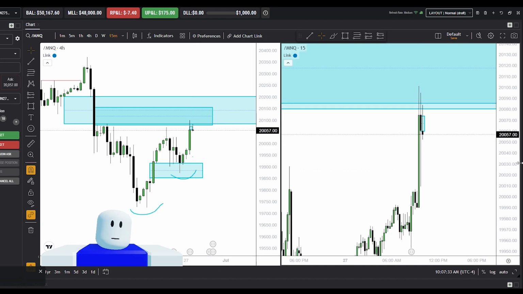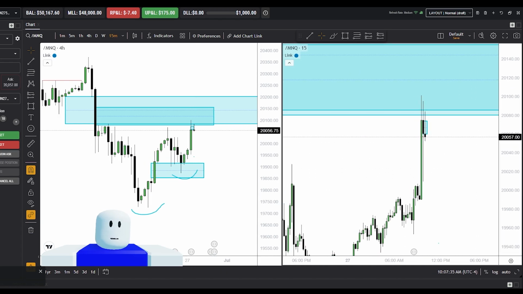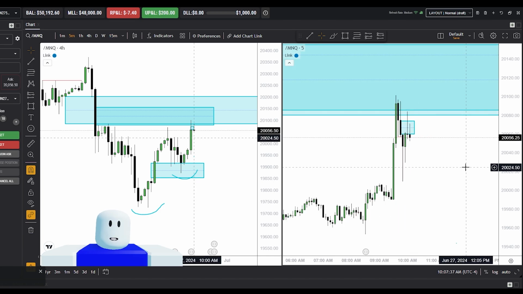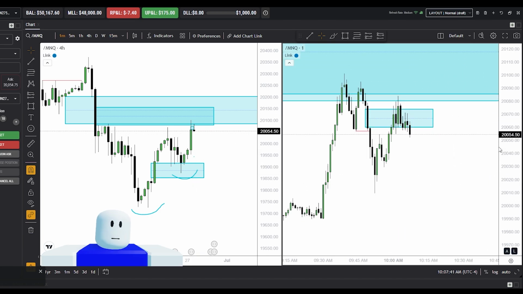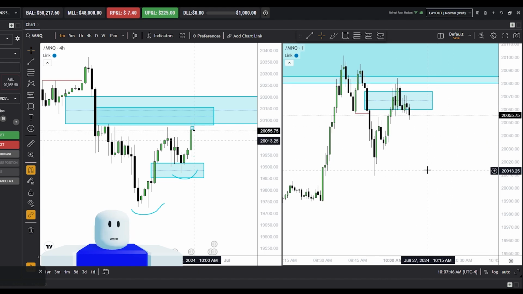NQ, how's NQ looking like? Traded into that daily fair value gap. Traded into this return area that I marked out previously.